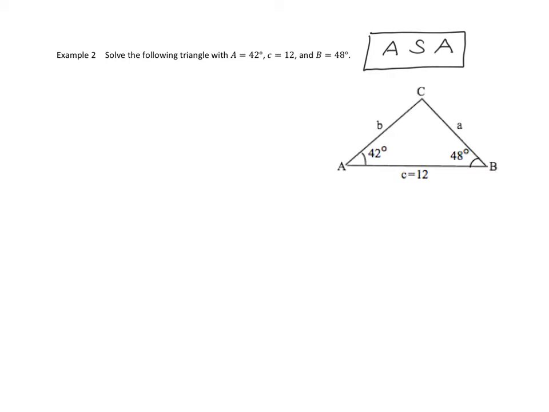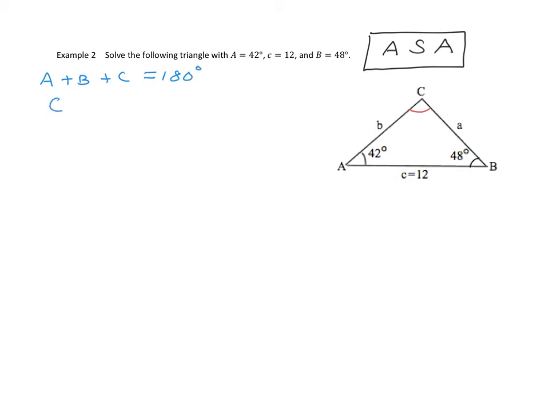Okay, well, all that being said, how do I solve for the missing parts? First of all, angle C, maybe we could find that, but I also want side A and side B. I still think starting with finding the measure of angle C is probably a good place to begin. Again, the reason for that is if you add the three angles together, that's going to be equal to 180 degrees.